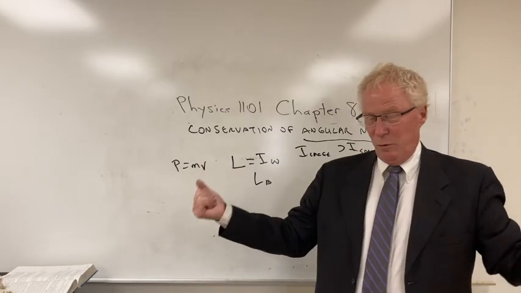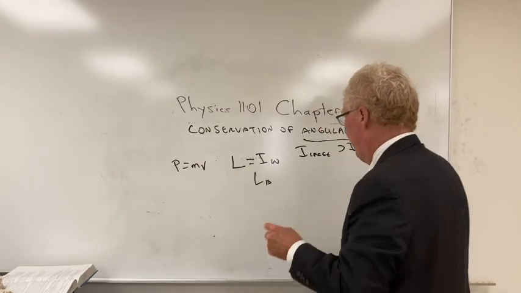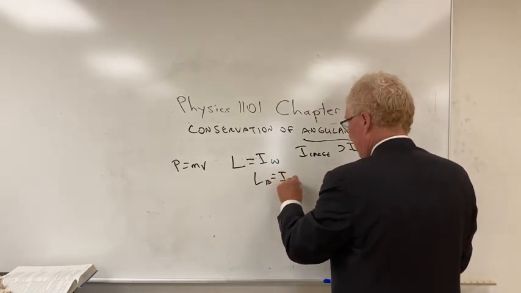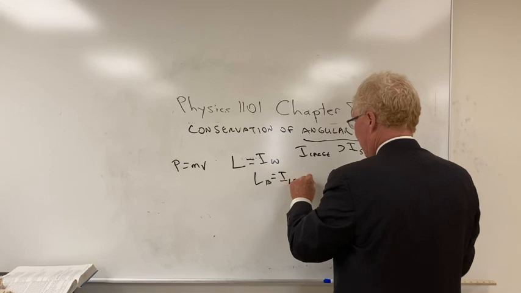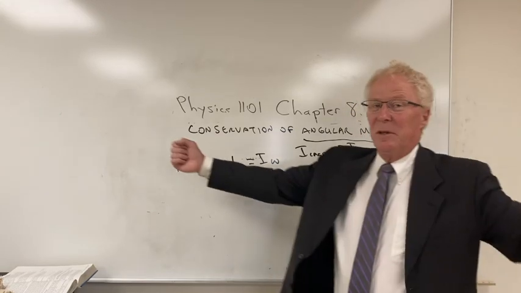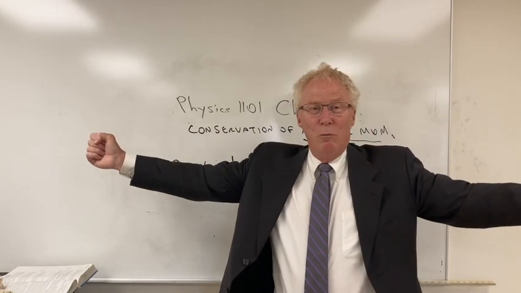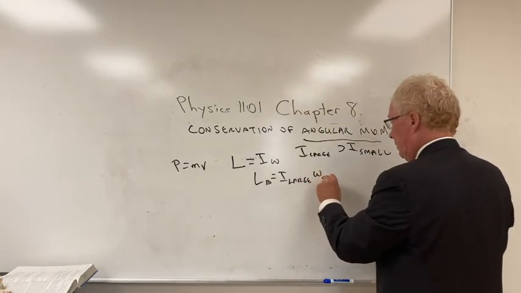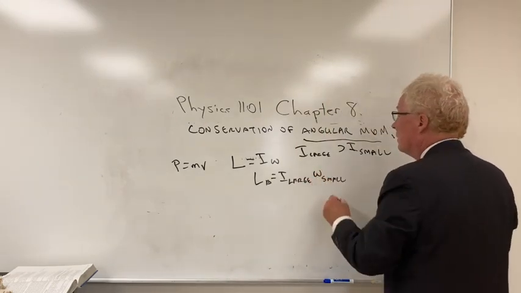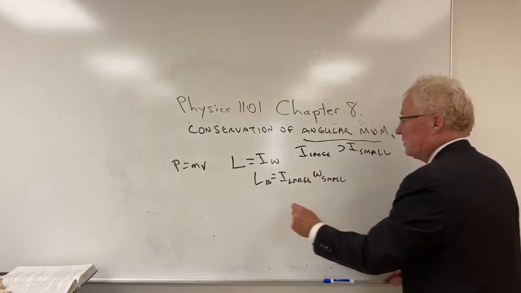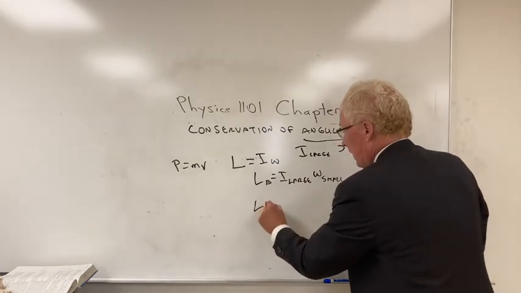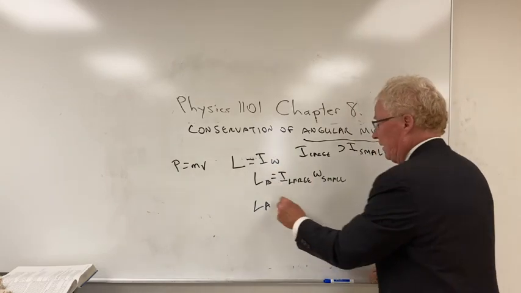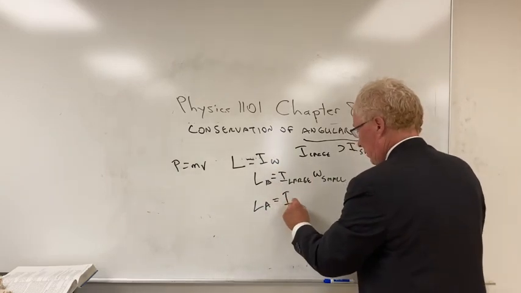Because I'm doing nothing to it, the momentum before is given by I large, and because my arms are much farther out, I'm rotating slower, so my omega will be smaller. Then afterwards, I push my arms in, and I will be much smaller.